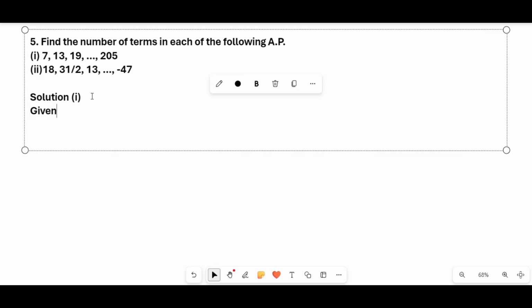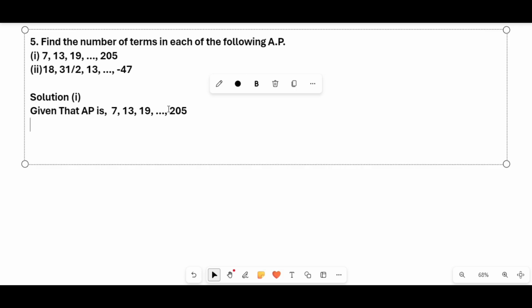Given that AP is this one. Okay, now from the given AP, या ऐसे लिख सकते हैं हम लोग.